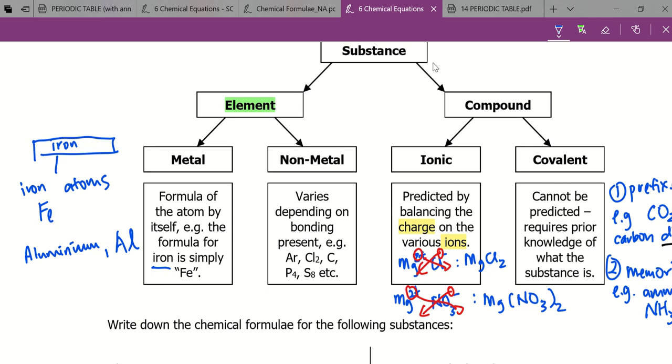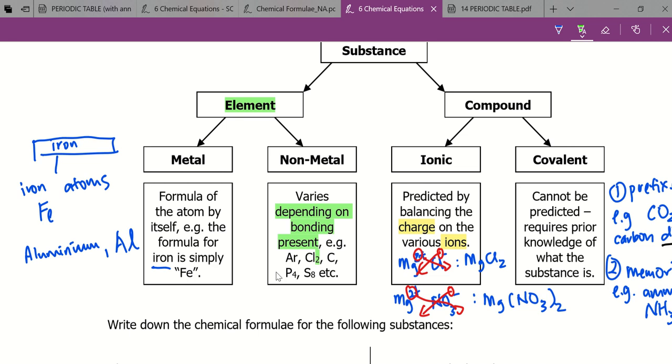For non-metals, it depends on the bonding present. Like what you see over here, it depends on the bonding present. So some of them may appear as diatomic, like Cl2, some of them may be monatomic like Ar, argon, and some of them may have other numbers attached to it.